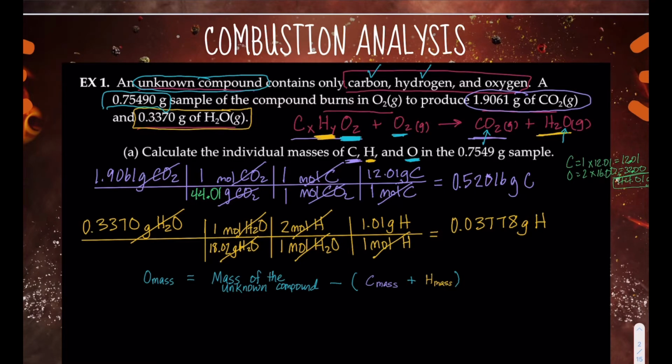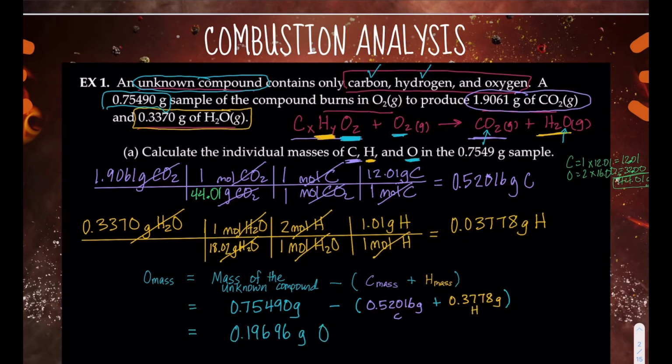Let's plug in our numbers. 0.75490 grams is the mass of the original sample, minus the masses of carbon and hydrogen combined. The answer comes out to 0.19696 grams of oxygen. And now we've completed part A. Let's take a look at part B.